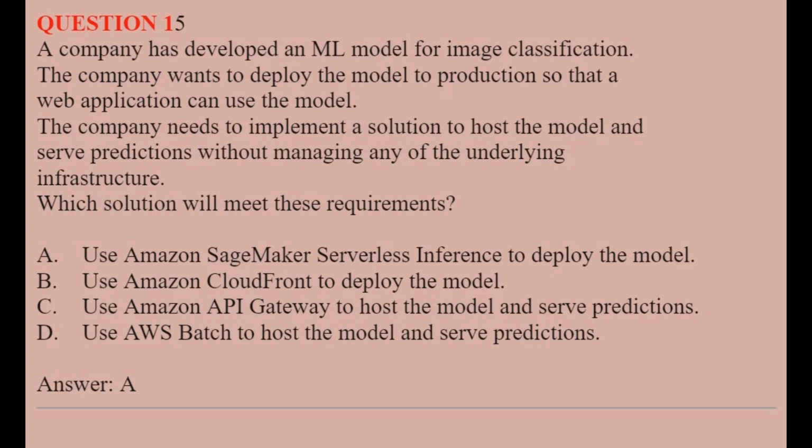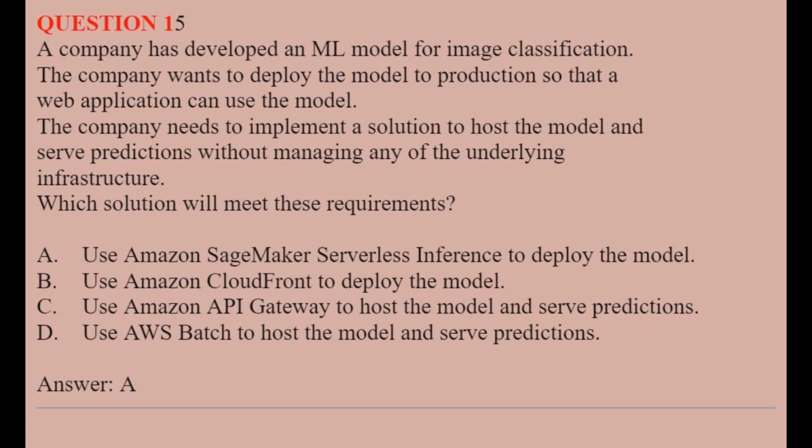Question is, a company has developed an ML model for image classification. The company wants to deploy the model to production so that a web application can use the model. The company needs to implement a solution to host the model and serve predictions without managing any of the underlying infrastructure. Which solution will meet these requirements?